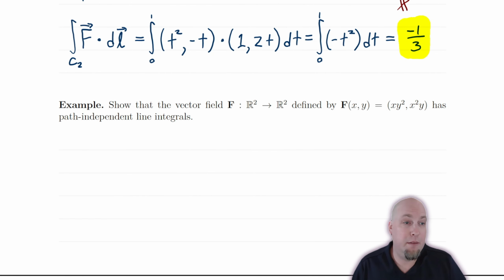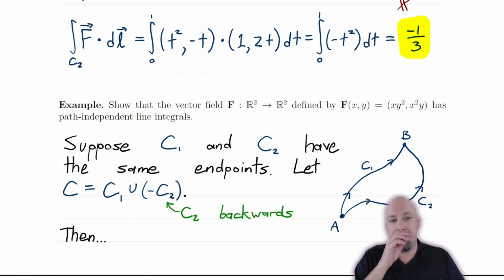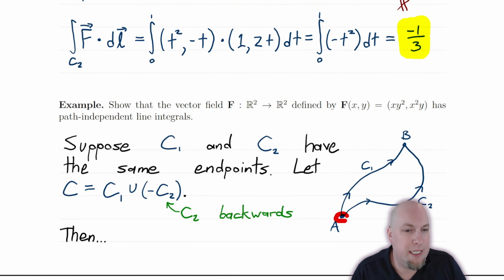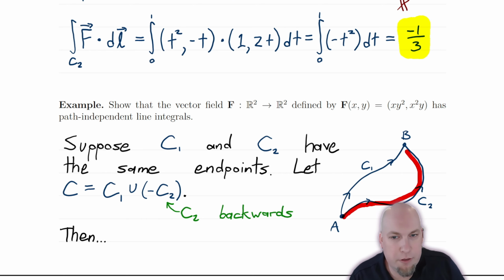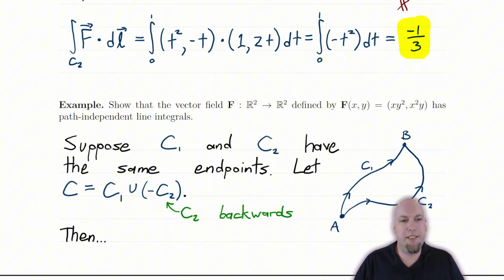The trick is going to be to use Green's theorem from last week. Suppose I've got two endpoints, A and B, and two curves going between them. C1 goes one way, C2 goes some other way. I'm going to define a closed loop around a region. What I'm going to call C here is C1, one of the curves, unioned with what I call negative C2.